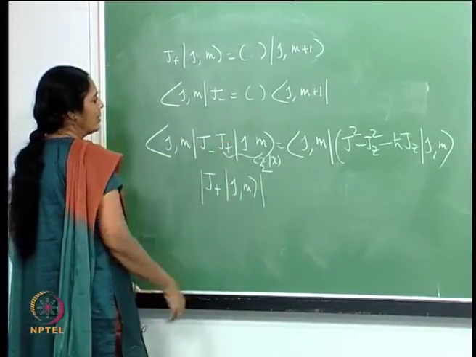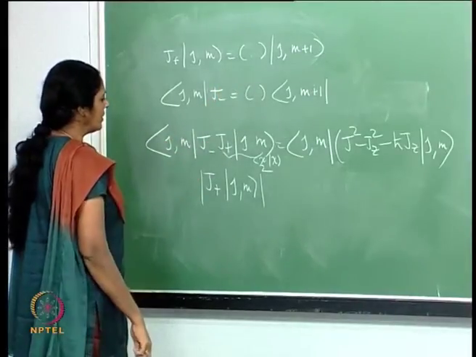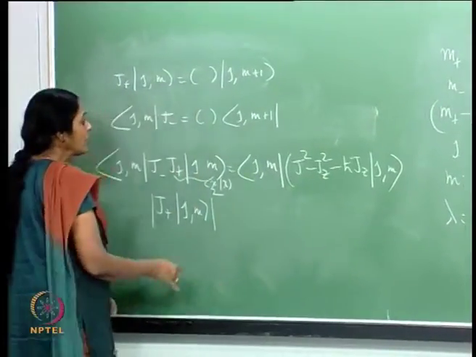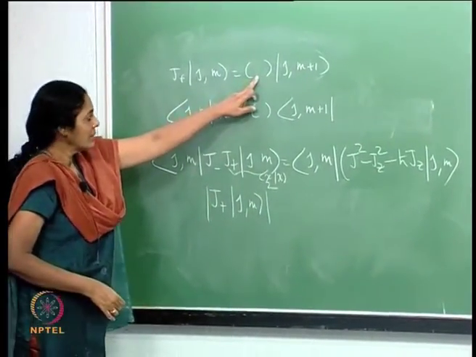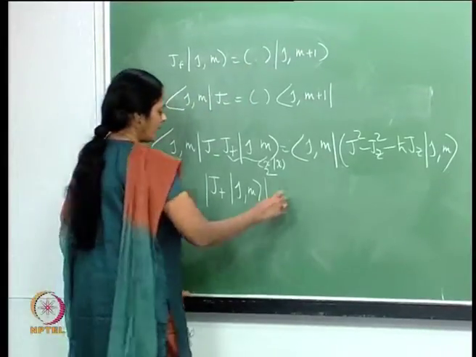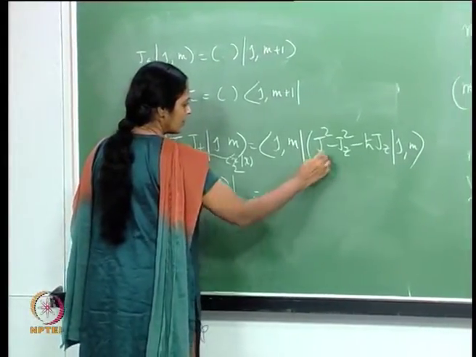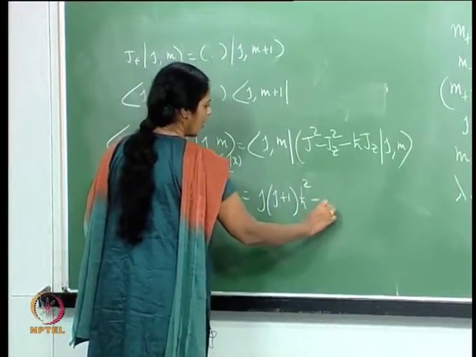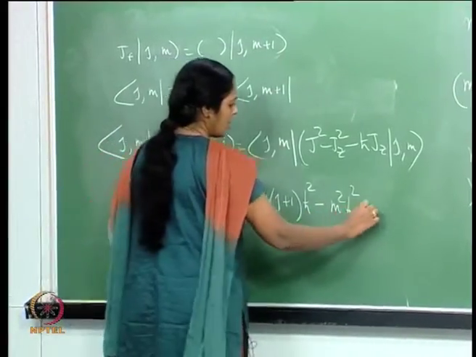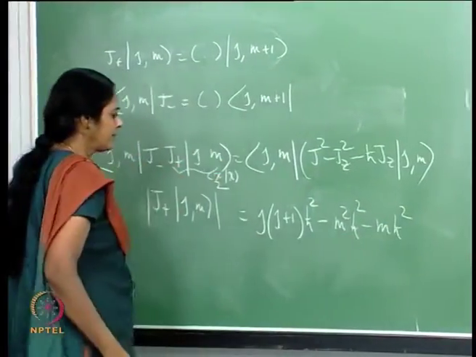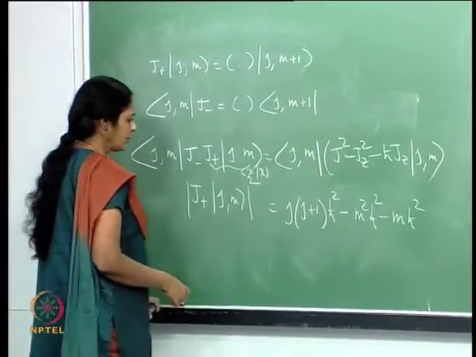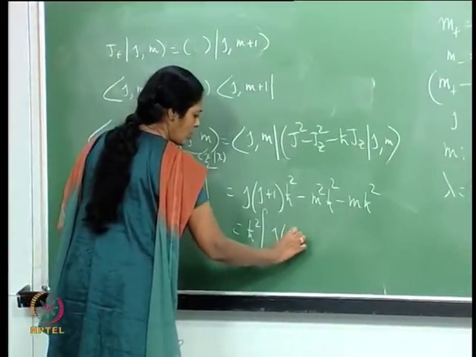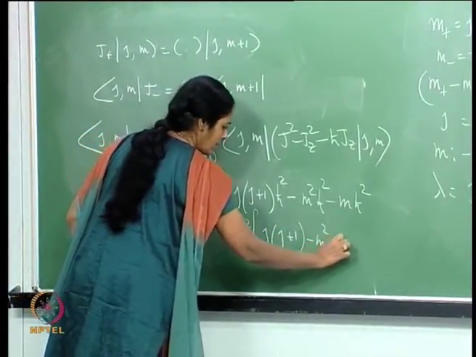The coefficients here are in general taken to be real, and therefore if I evaluate the number here, that will be the square of the coefficient that I will need. So this object is j(j+1)ħ² minus m²ħ² minus mħ². This is the same as ħ² times j(j+1) minus m² minus m.